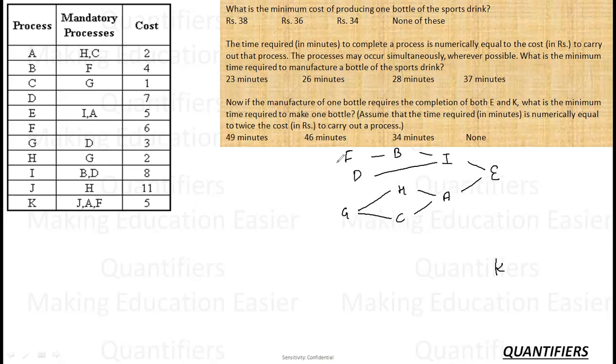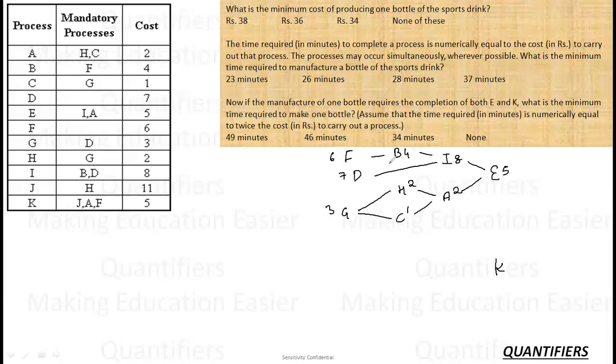The minimum cost will be, basically I have to do all the processes, so it does not matter where each is happening, and the order does not matter. I just have to add the cost. So F is costing me 6, D is costing me 7, B is costing me 4, I is costing me 8, E is costing me 5, A is costing me 2, H is costing me 2, and then C is costing me 1, and G is costing me 3.